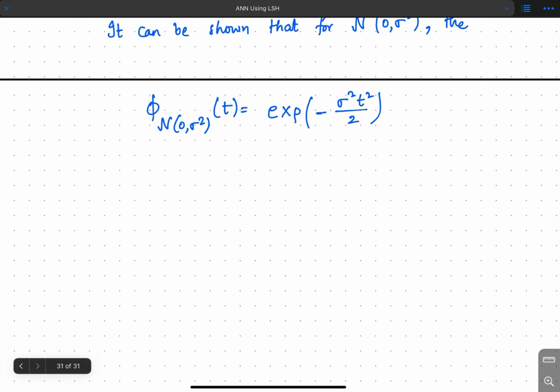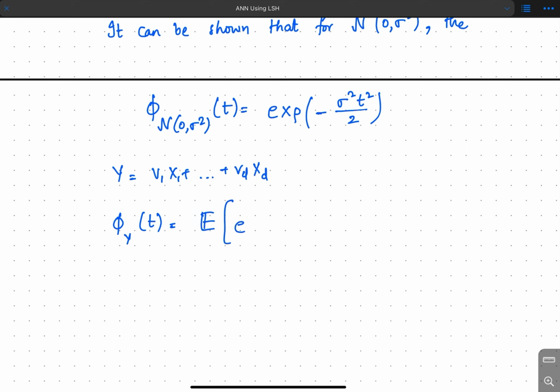Okay, so now recall that y is v1 x1 plus and so on vd xd. Now the characteristic function of y will be the expectation of e power minus it times v1 x1 plus v2 x2 plus and so on plus vd xd.